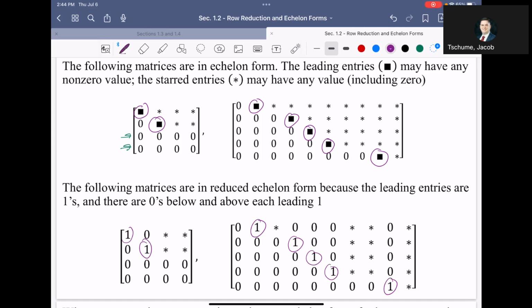The second thing that's new, that I'll circle in green here, is that the numbers above the leading entries are now all zeros, versus in the top right one and the top left one, where it was just the numbers below the leading entries. You'll notice that there still are some starred values even in reduced echelon form. Those starred entries can be any number, including the number 0, as we go through our echelon and reduced echelon form.